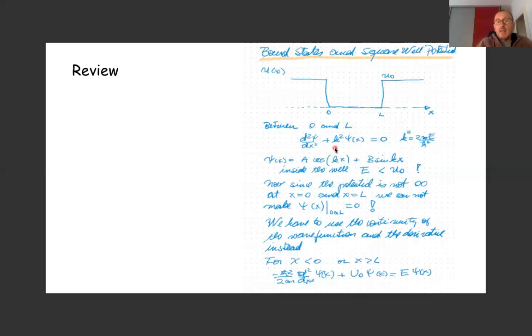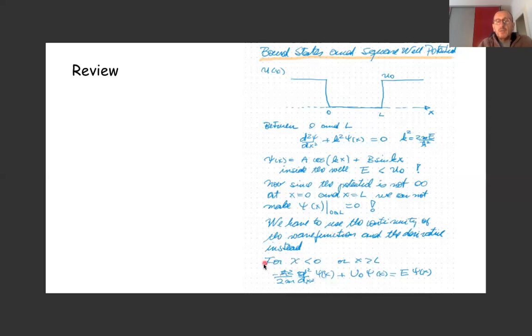We have a second-degree differential equation, which requires the continuity of the first derivative. Imposing that will be the equivalent of the extreme boundary conditions that we saw in the case of the infinite potential well. Okay, so here it will be slightly different. We have to use the continuity of the wave function and the derivative instead.